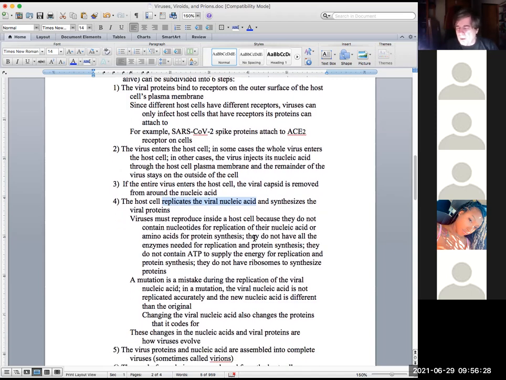Now, we've talked about proteins a little bit, but think about what you need to make proteins. You still need enzymes. You still need ATP. You still need amino acids. Viruses don't have any of these things. They might have 1 or 2 of their enzymes, but they don't have all of them. So where do they get all this material?